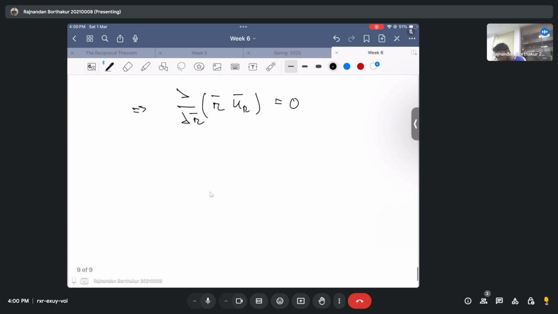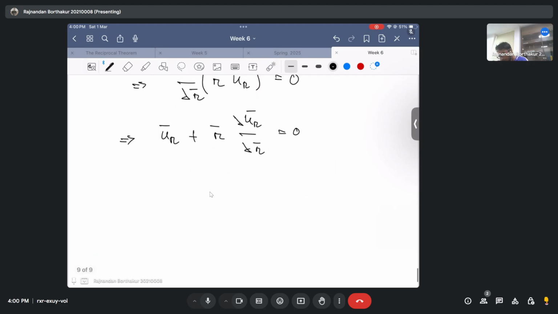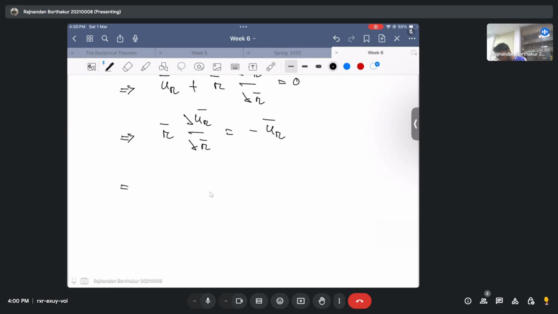If I simplify this term using the product rule, I'll have ur bar plus r bar times del ur bar by del r bar equals 0. Then, if I bring the other term to the other side, I'll have r bar times del ur bar by del r bar equal to minus ur bar. So I can bring del ur bar by ur bar on one side, and then I have del r bar by r bar.